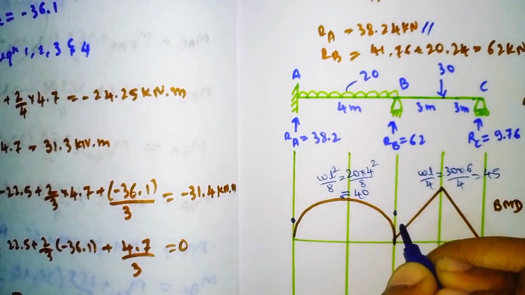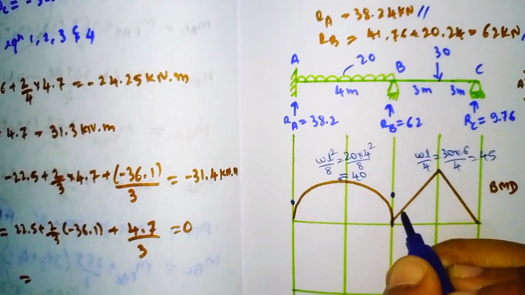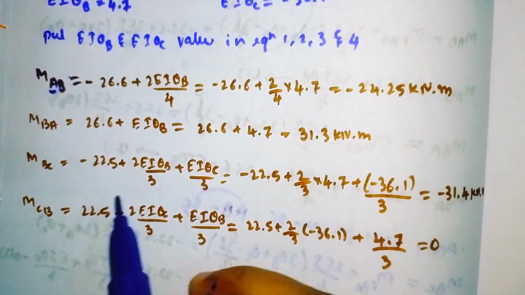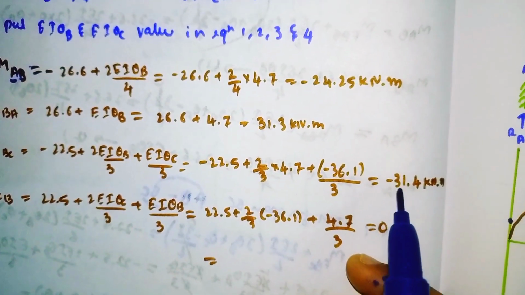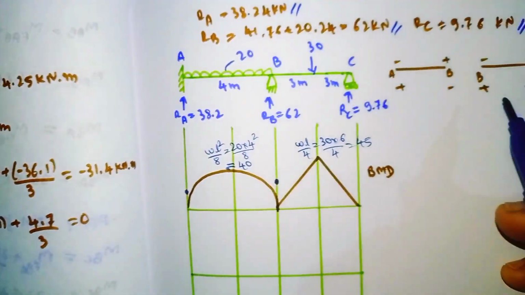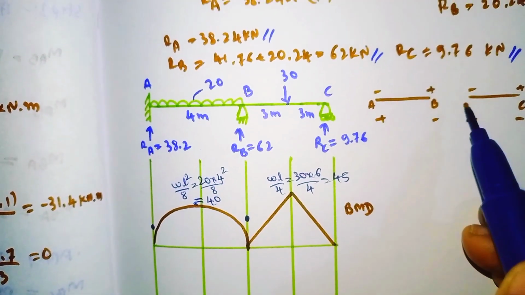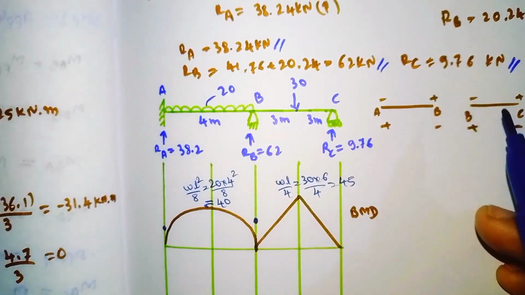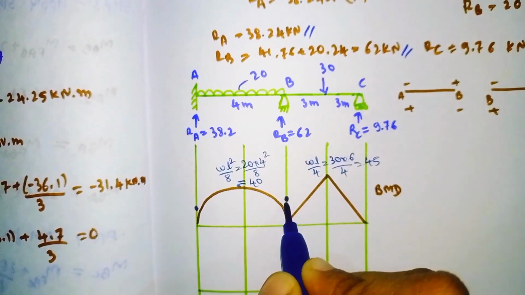It comes here at point B. Similarly for BC, our first point is B. At point B our value is minus 31.4. So minus 31.4 means, see here at point B the negative value comes above the neutral axis. So it comes here.